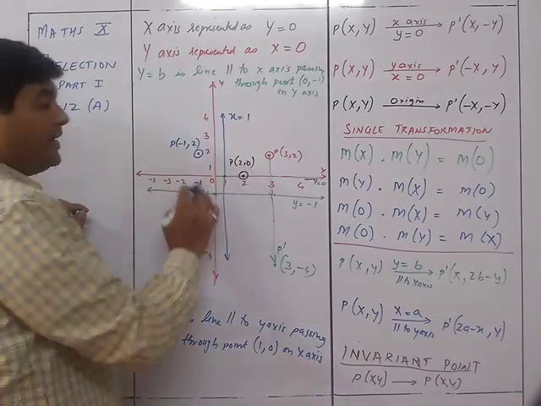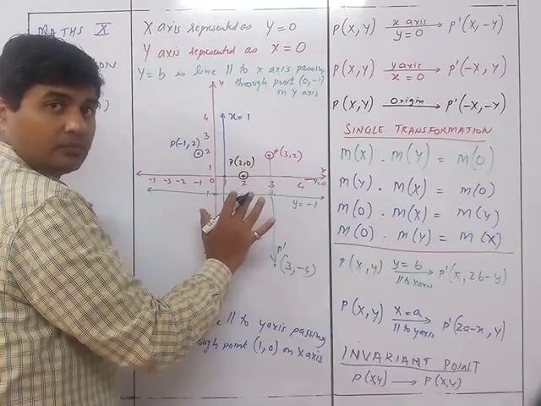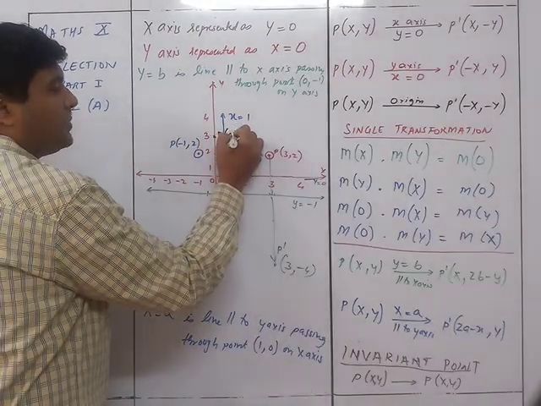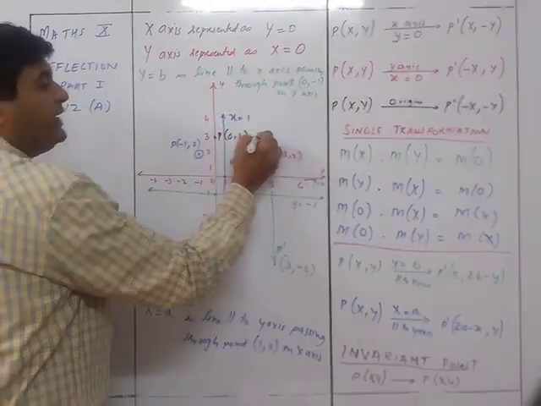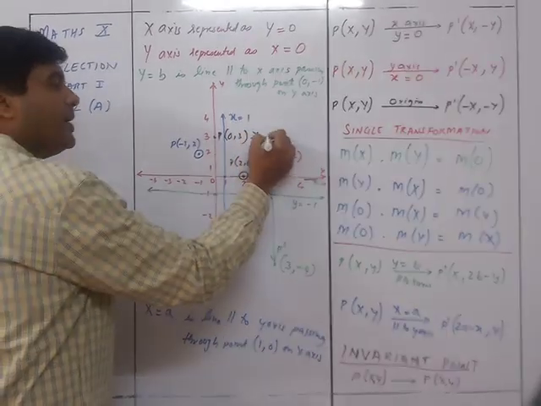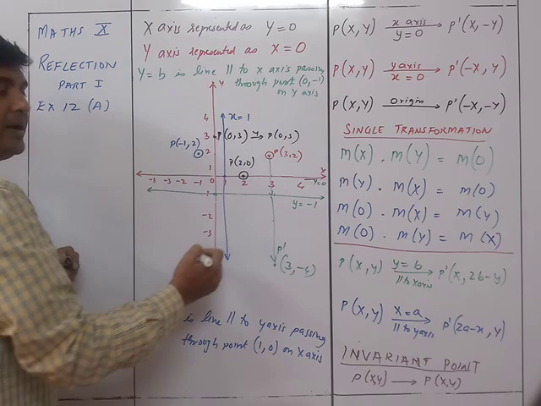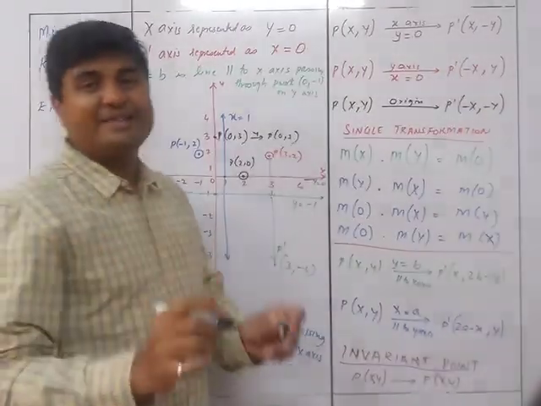A point over here, P = (0, 3), under reflection in the y-axis will remain P (0, 3) only.